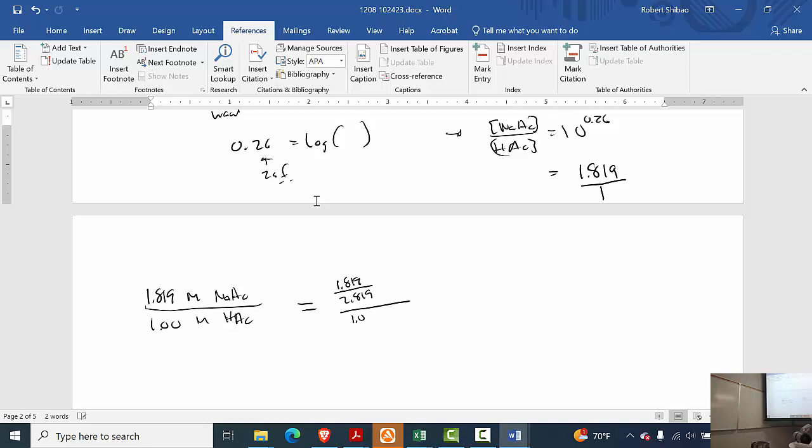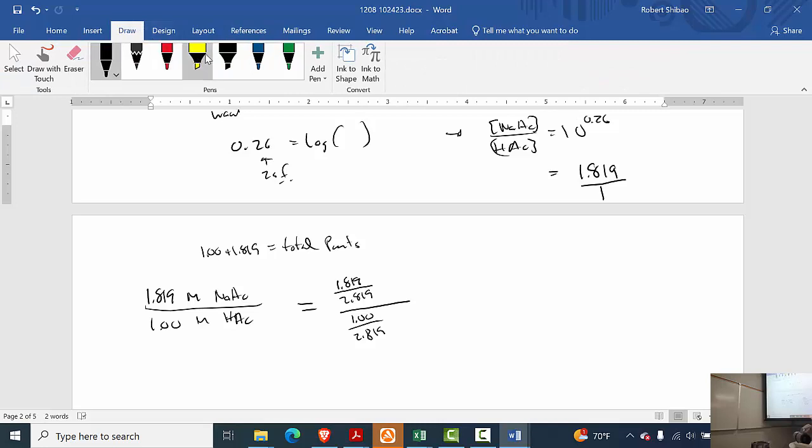Because I'm going to have 1.00 parts out of 2.819 parts of unreacted acid. And so where this 2.819 comes from is this. It's just 1.00 plus 1.819 gives me the total parts. And this first fraction on the top is what we call the equivalence point.